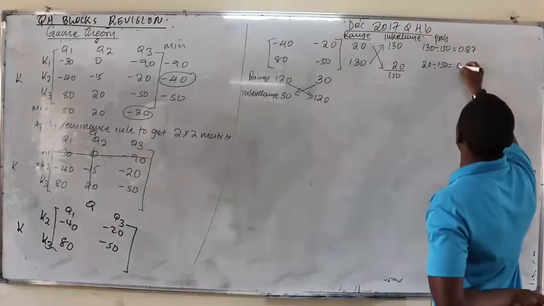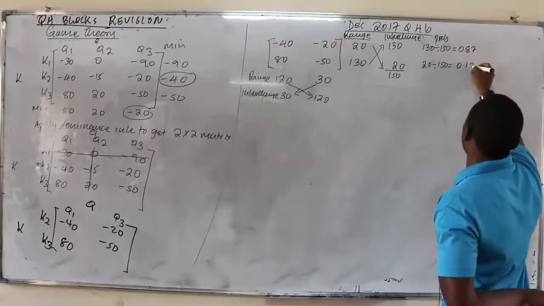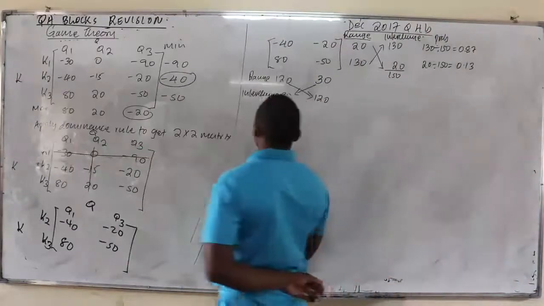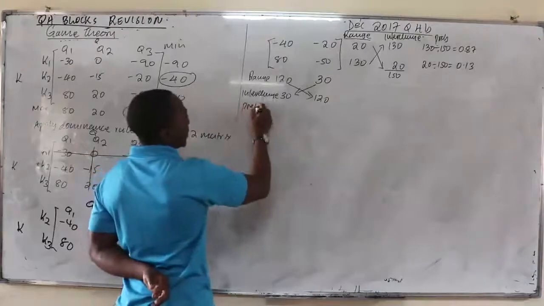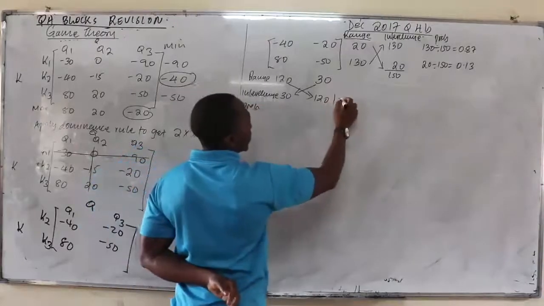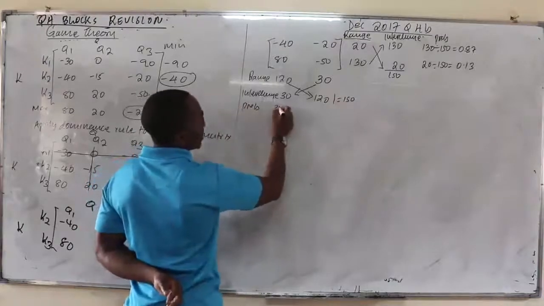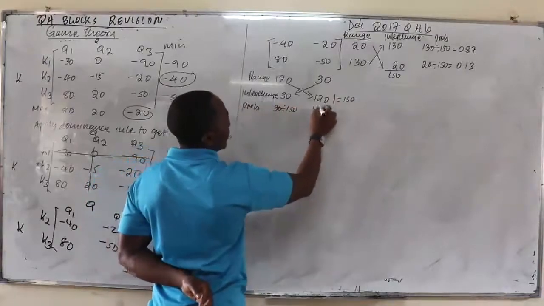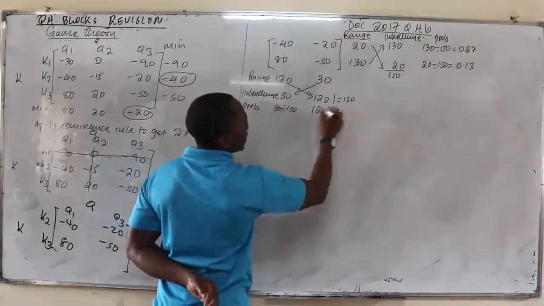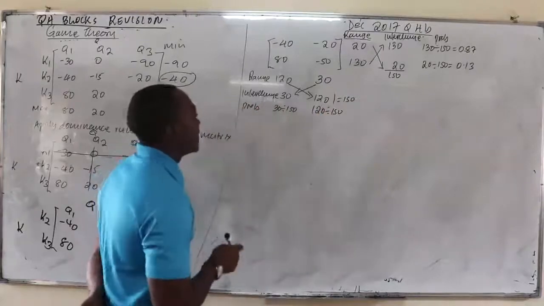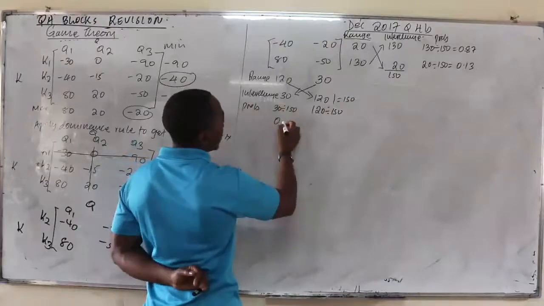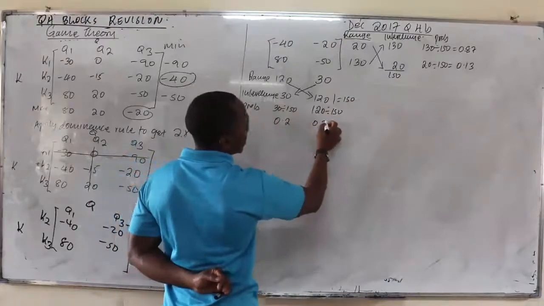Therefore, this will be 0.13, right? Then the same here, you get the probability. You take 30 plus 120, of which the total is 150. So we'll be taking 30 divided by 150, 120 divided by 150. 0.2, this one will be 0.8.